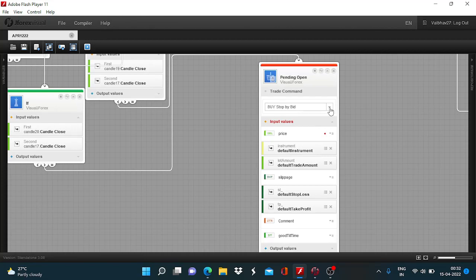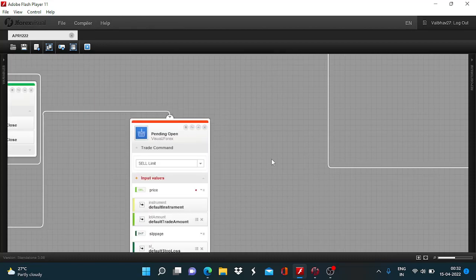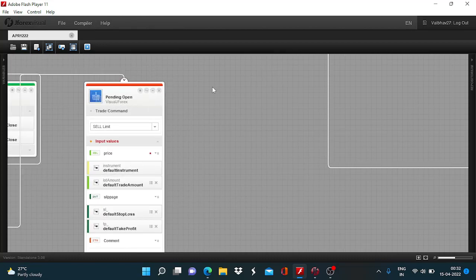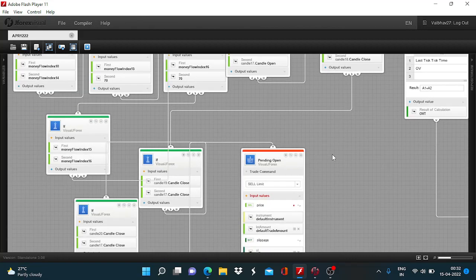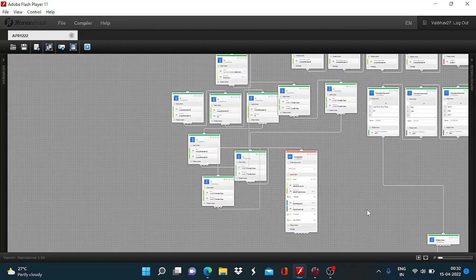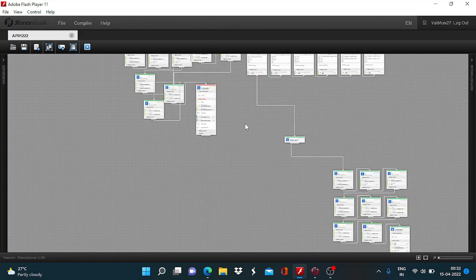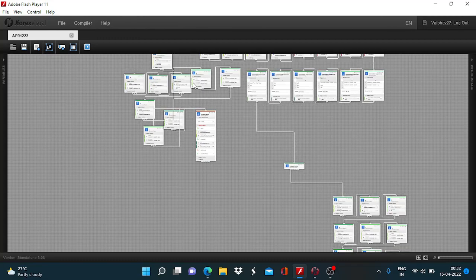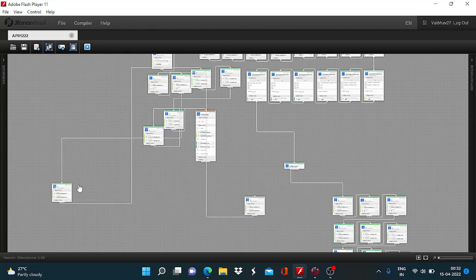Buy, and this will be sell limit order. Now we have to define the variables for this trade command block. Prior to that, I will put in place this block on the lower side, so that will make the formation a bit easier to understand.